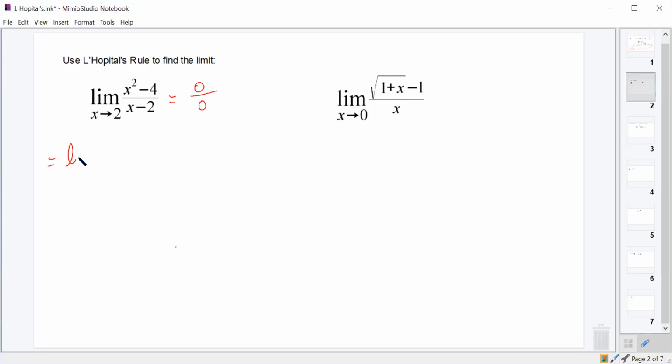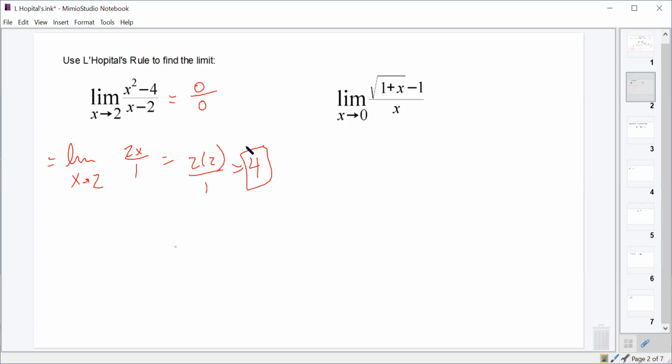So this should be the same as the limit as x approaches 2 of 2x over 1, which should just be 2 times 2 over 1, or just 4. Good or no? Good. Great.